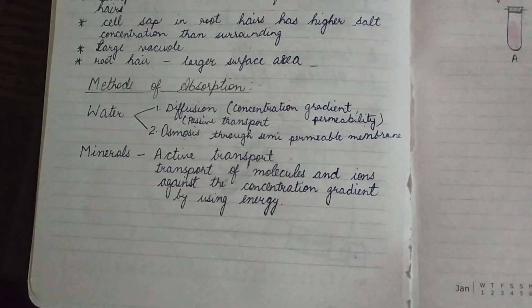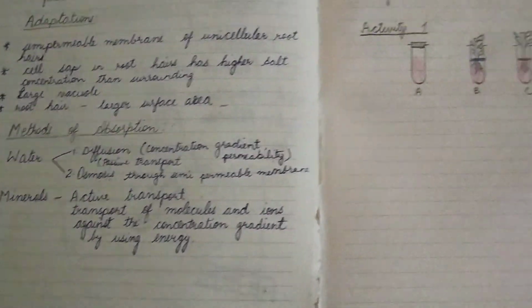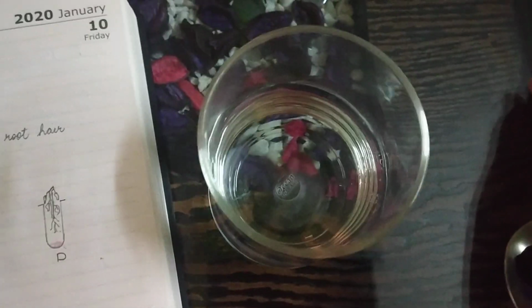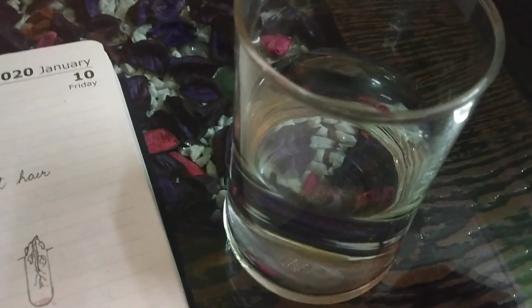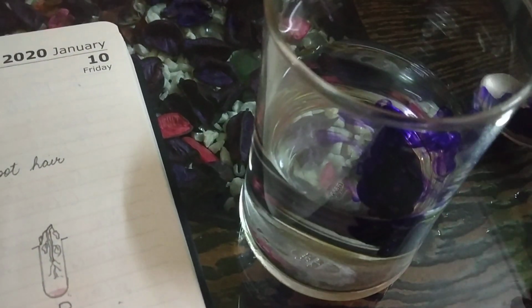So one experiment I will be showing you to clarify what diffusion is. I have taken a glass of water, as you can see. Now I have put some ink into it. After putting the ink, you can clearly see how the ink is moving, making the whole of the water bluish in color.